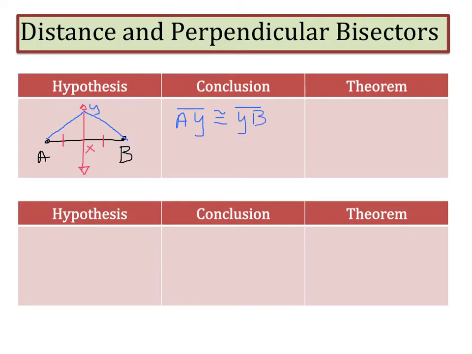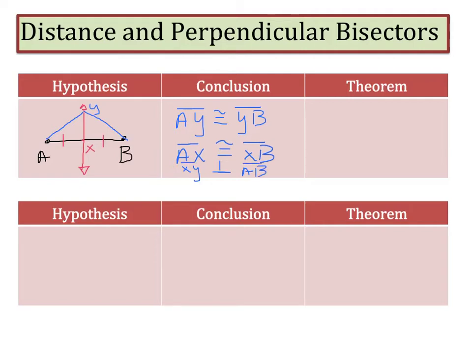Since this was a perpendicular bisector, I also know that AX is congruent to XB. It's perpendicular as well, so I can also say that XY is perpendicular to AB.